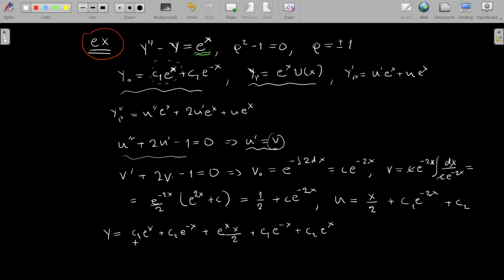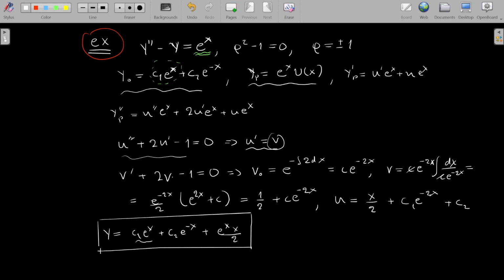And you see this and this are going to collapse. This is the same. And also this is the same. So this is the final solution, because the other terms were just linearly dependent on this and this, right?